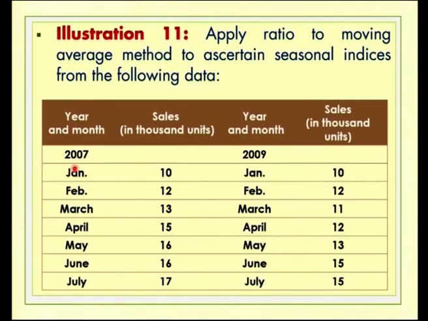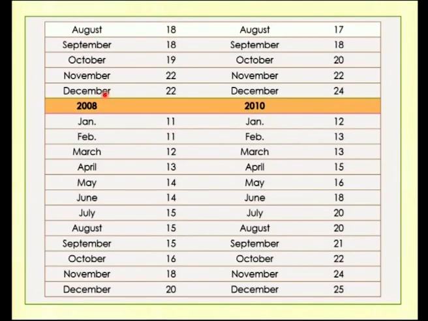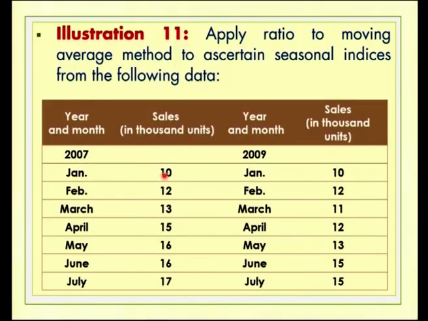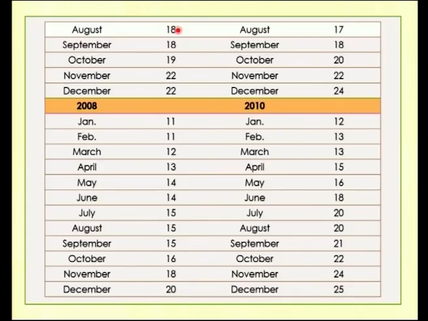The question given is for sales in 1000 units for the year 2007, starting from January, February, March to December. The values for 2007 are 10, 12, 13, 15, 16, 16, 17, 18, 18, 19, 22 and 22.